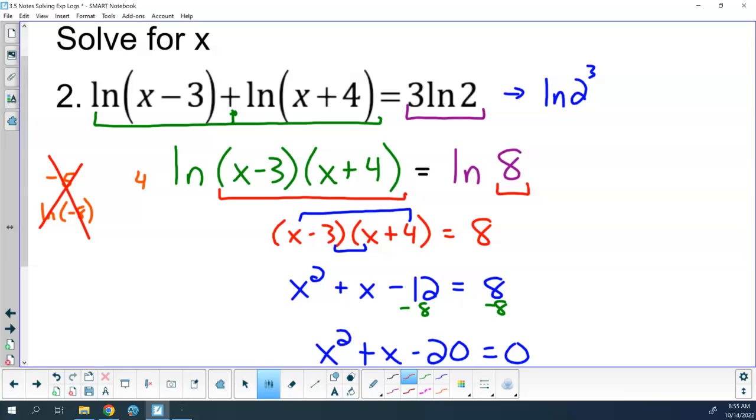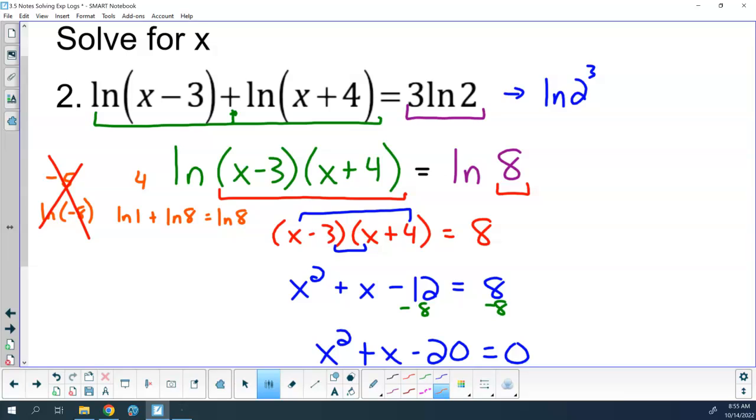If I plug in 4, I get the natural log of 1 plus the natural log of 8, equals the natural log of 8, applying the power property, right? What's the natural log of 1? 0.